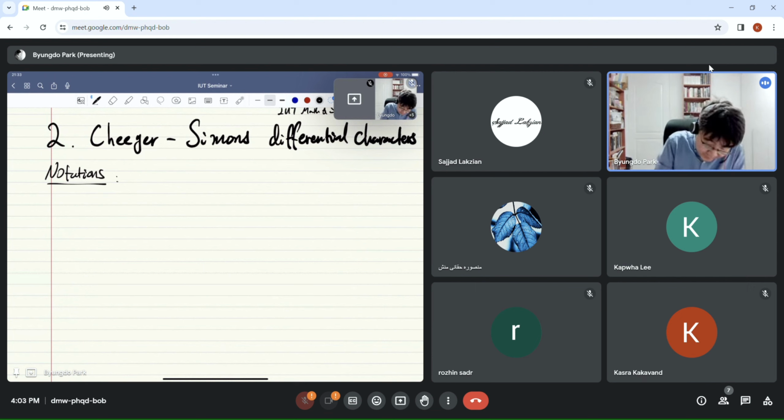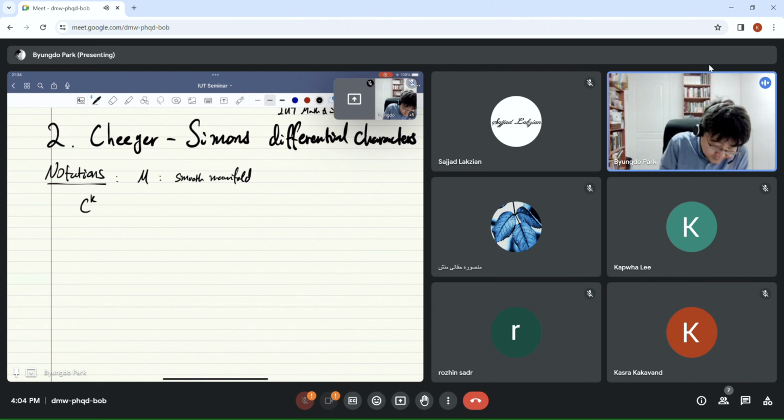Okay, so let me begin with some notation. M is going to be a smooth manifold. Sometimes it might be better to say compact smooth manifold, but I'm just going to say smooth manifold.